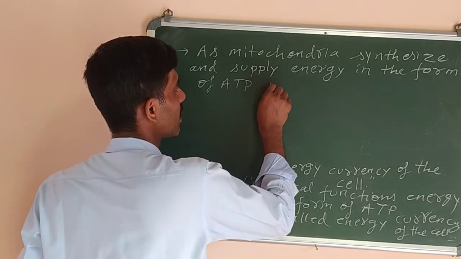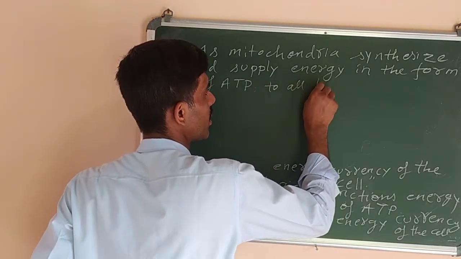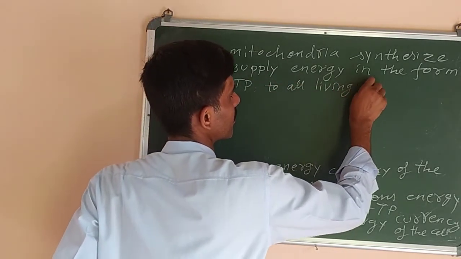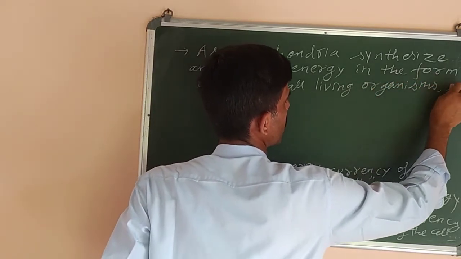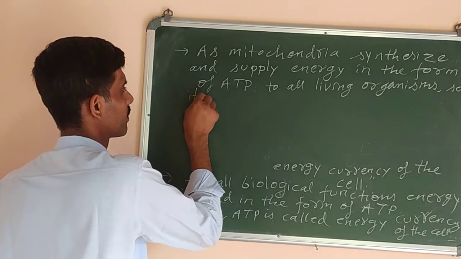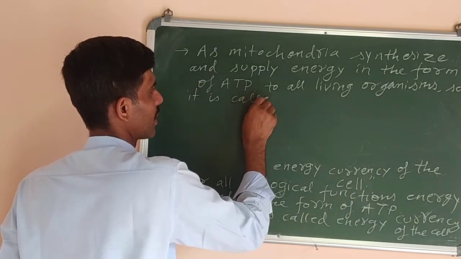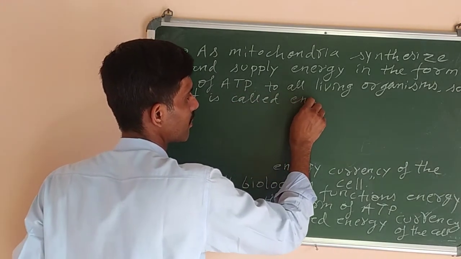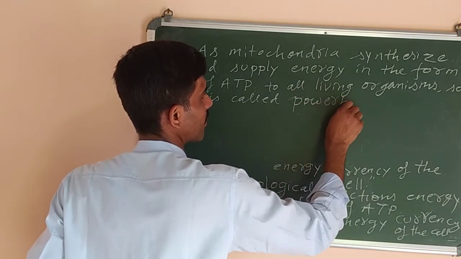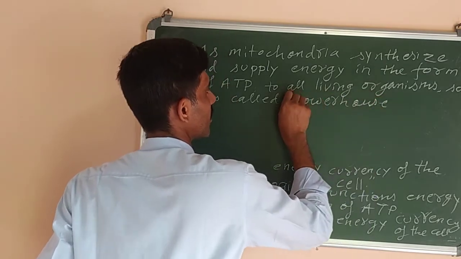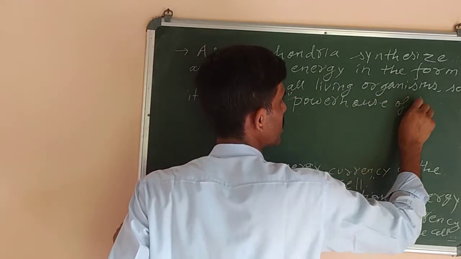to all living organisms. So it is called energy currency of the cell. So it is called powerhouse of the cell. It is also known as powerhouse of the cell.